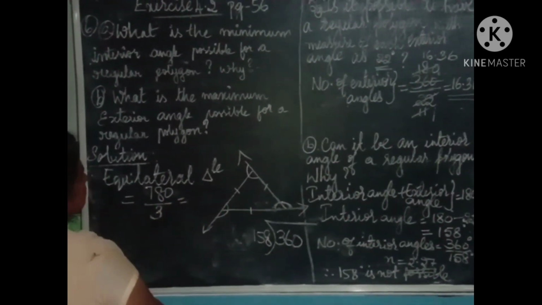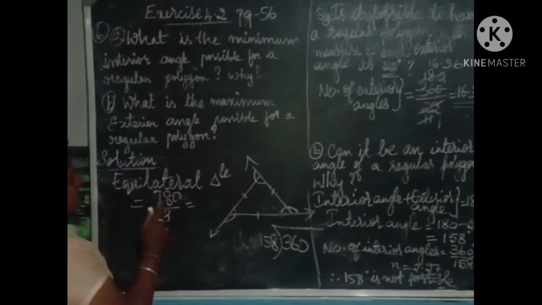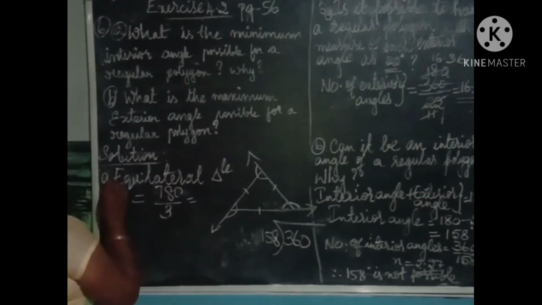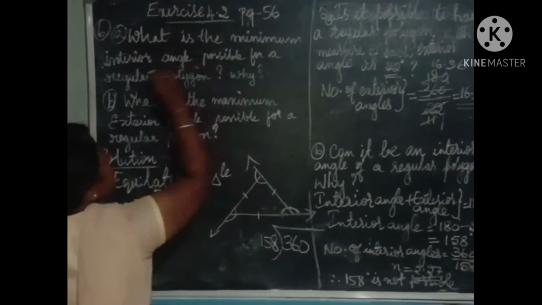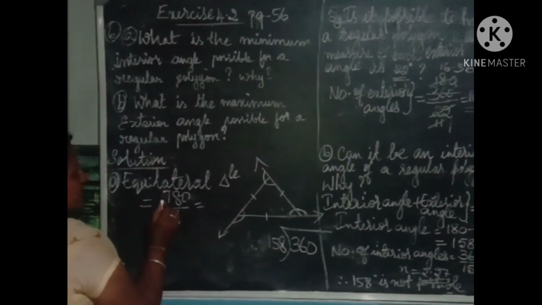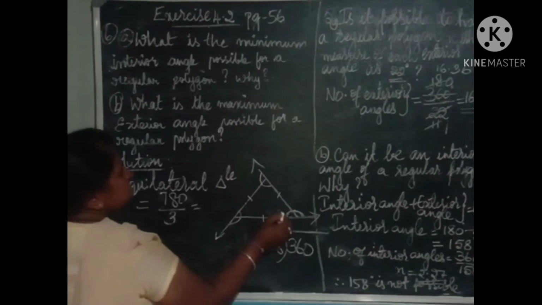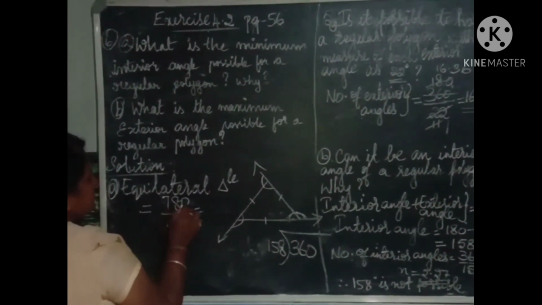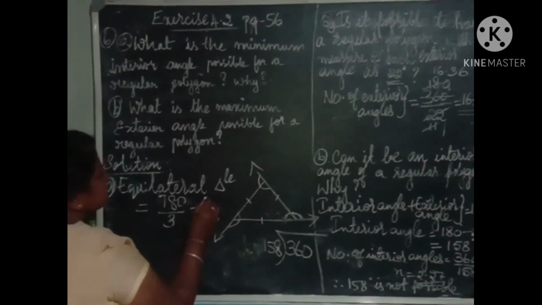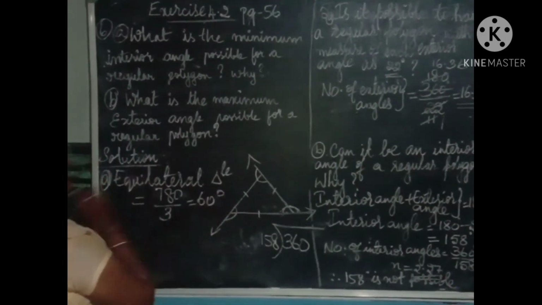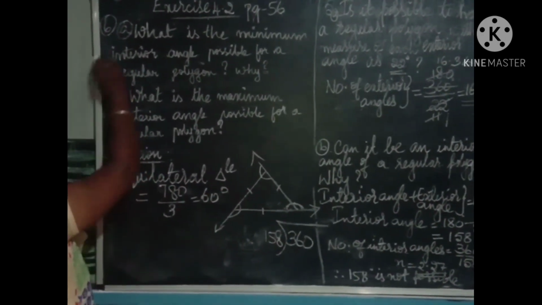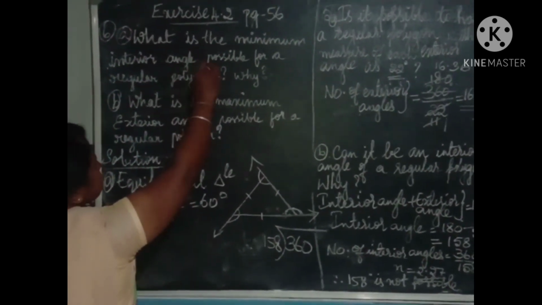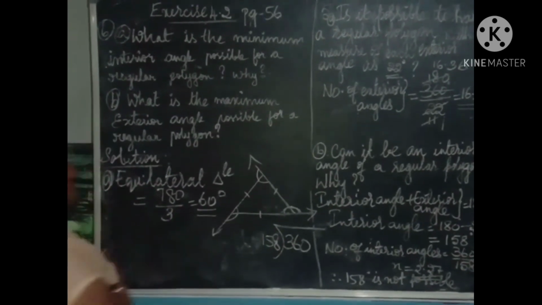See here, why I have taken 180: since I am answering for A, the minimum interior angle, the sum of the interior angles is 180. So 180 by 3 is equal to how much? 60 degrees. So what is the answer for A? The minimum interior angle possible is 60 degrees.